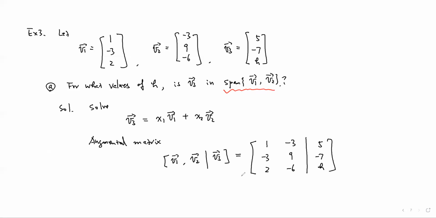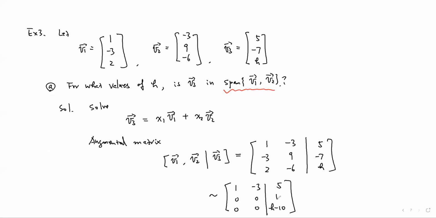Forward elimination to reduce this to echelon form. 1, negative 3, 5; 0, 0, 1. Not in echelon form yet. H is a number. I just don't know what the number is.